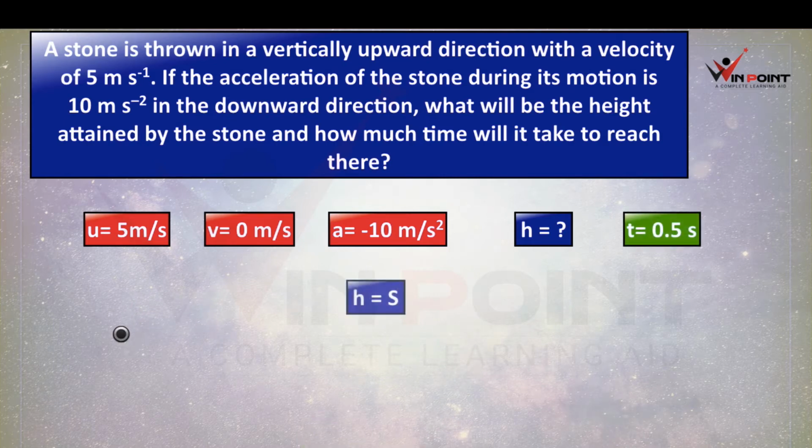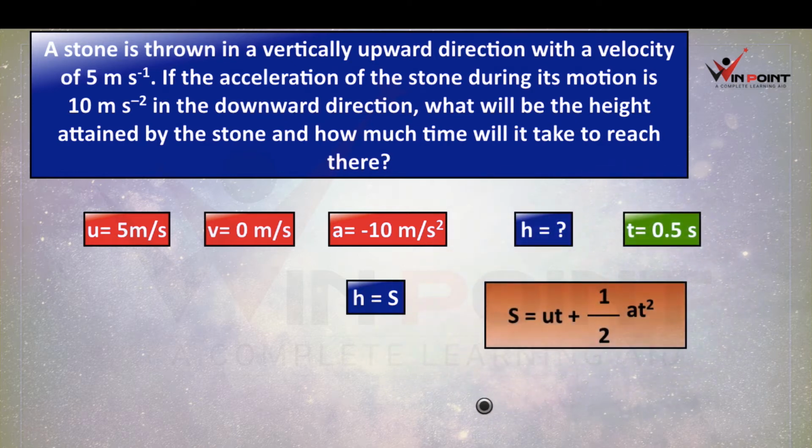Now we have the values u, v, a, t. We need to find the height. Instead of height, we can find the displacement. The equation for displacement is s equal to ut plus half at square. The value of u is 5 and t is 0.5. 5 into 0.5 plus half into, acceleration a is minus 10, into t square.